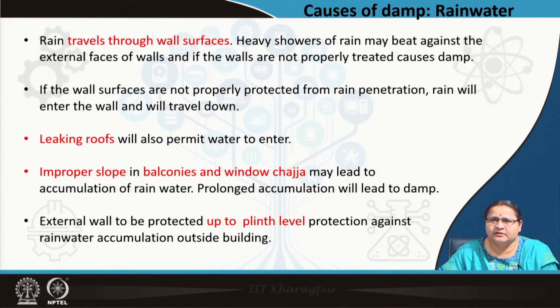What is the important point here? Groundwater is also continuously trying to enter, but the bottommost floor is not the structural floor, whereas the rooftop is the structural floor, it has reinforcement.